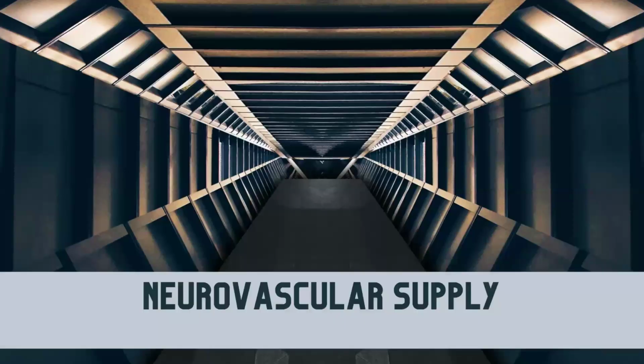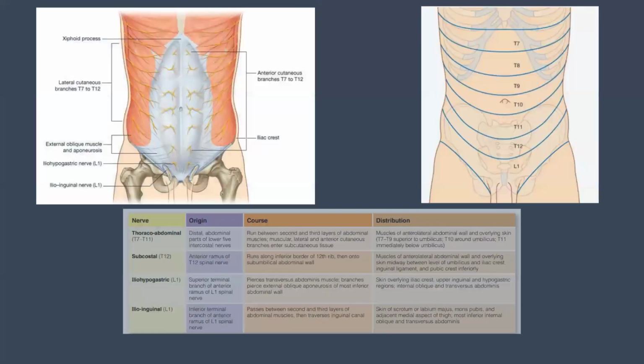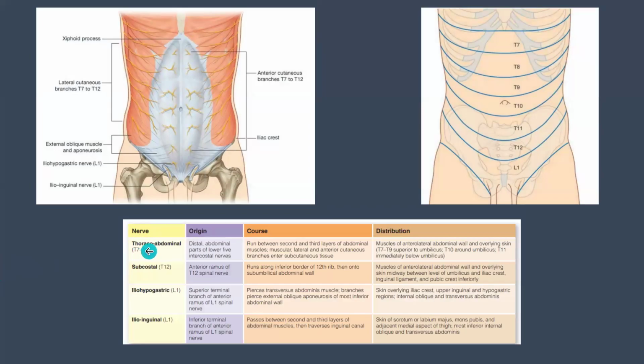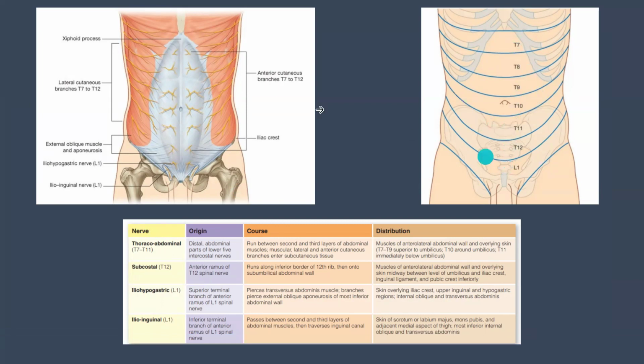Now, the last thing is the nerve supply, and this is a very simple one. You remember 7 to 11, the thoracoabdominal nerves, then the subcostal T12, and L1 which has two named nerves, iliohypogastric and ilioinguinal. These names are important because these nerves not only supply the muscles but also the skin.